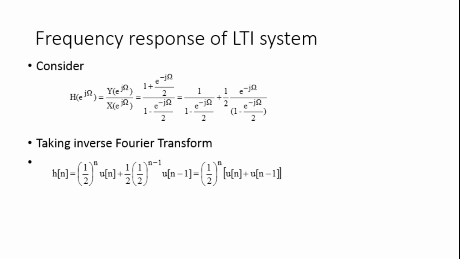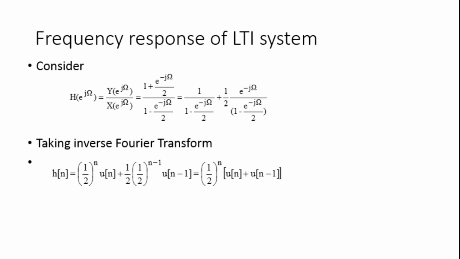Consider H of e power j omega is equal to Y of e power j omega divided by X of e power j omega is equal to 1 plus e power minus j omega by 2 divided by 1 minus e power minus j omega divided by 2, which is equal to 1 divided by 1 minus e power minus j omega by 2 plus half into e power minus j omega divided by 1 minus e power minus j omega by 2.